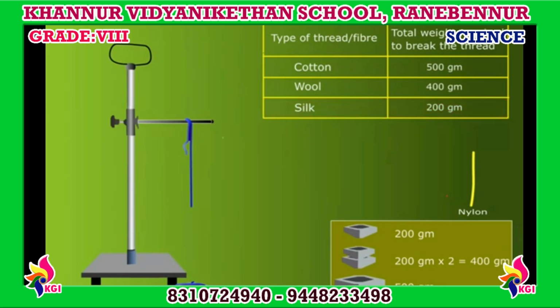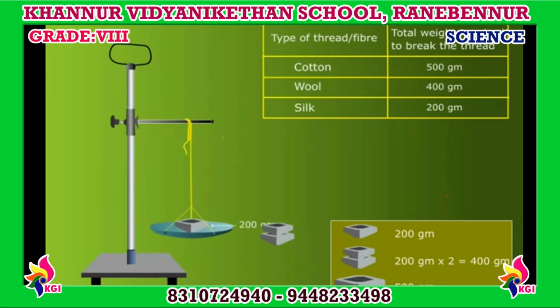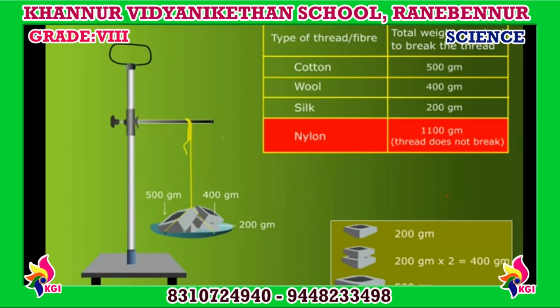So here also note down the observations and you will observe that when a weight of 200 gram is placed in the pan, the thread breaks. Now use the nylon thread and add weights till the thread breaks. Go on adding the weights to the nylon thread. So you will find that even after adding all the weights, the thread remains intact.